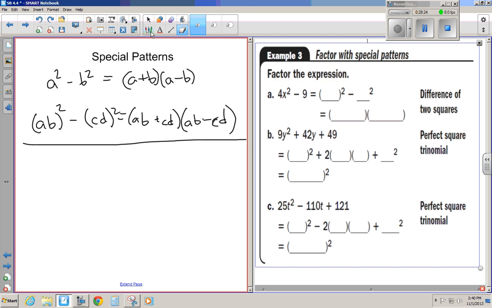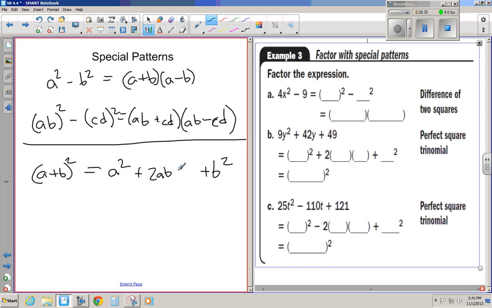I'm going to start with (a plus b) squared equals a squared plus 2ab plus b squared. Oh, I don't need the x's in there. So minus 2ab. And so that's basically how this is set up. These are the special patterns from 4.3.